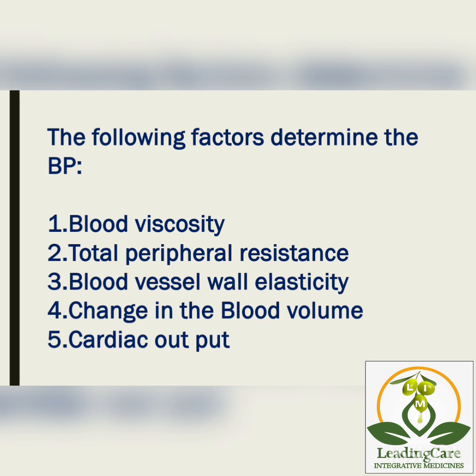As I'm going to explain further, perhaps in my next video, some blood groups, for instance blood group A and blood group AB, have a tendency of blood clotting more than the other blood groups, that is blood group O and blood group B. So blood viscosity is one of the determinants of hypertension.